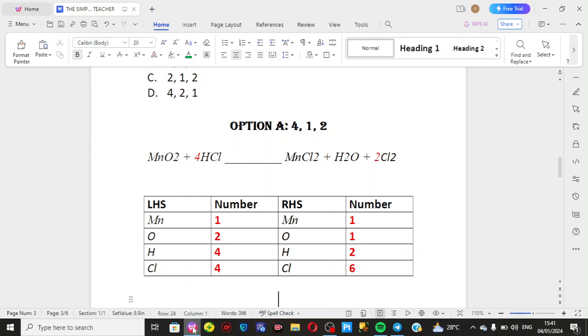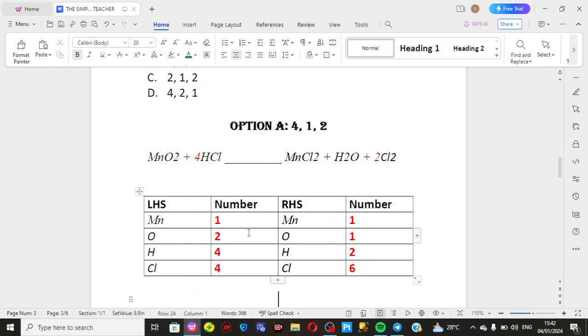Now when you look at the right hand side, let's look at the manganese, that is Mn. How many manganese can you see at the right hand side? We can see one manganese. At the left hand side, how many? It is 1. The right hand side we are seeing 1 manganese, the left hand side we are seeing 1 manganese.